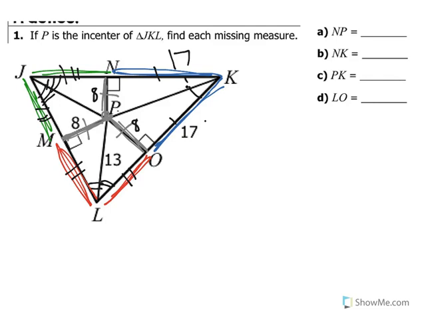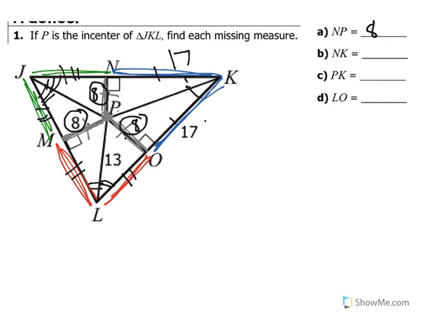Okay, so first thing we're looking for is NP, which we already have there, is 8, because these gray lines are all equal. I had this one as 8 given to me, so they are all 8.